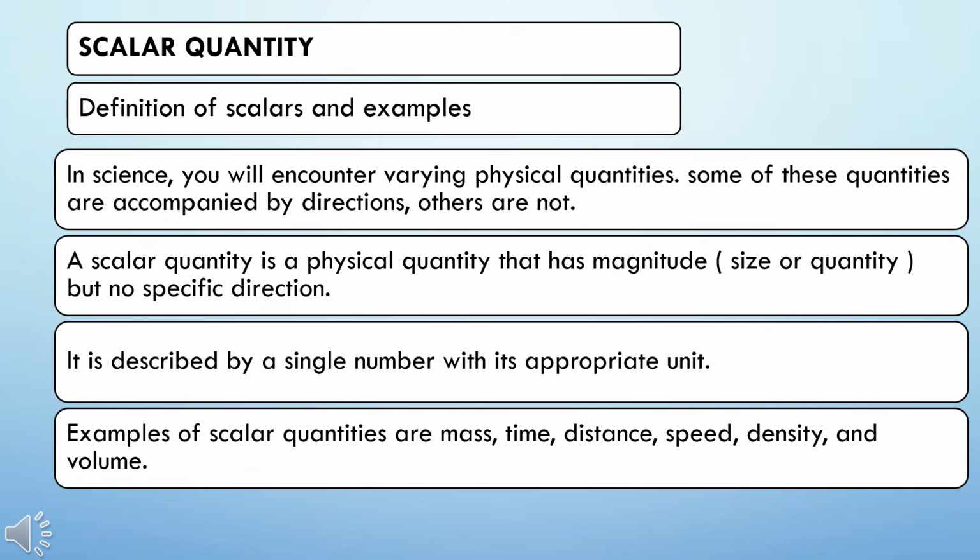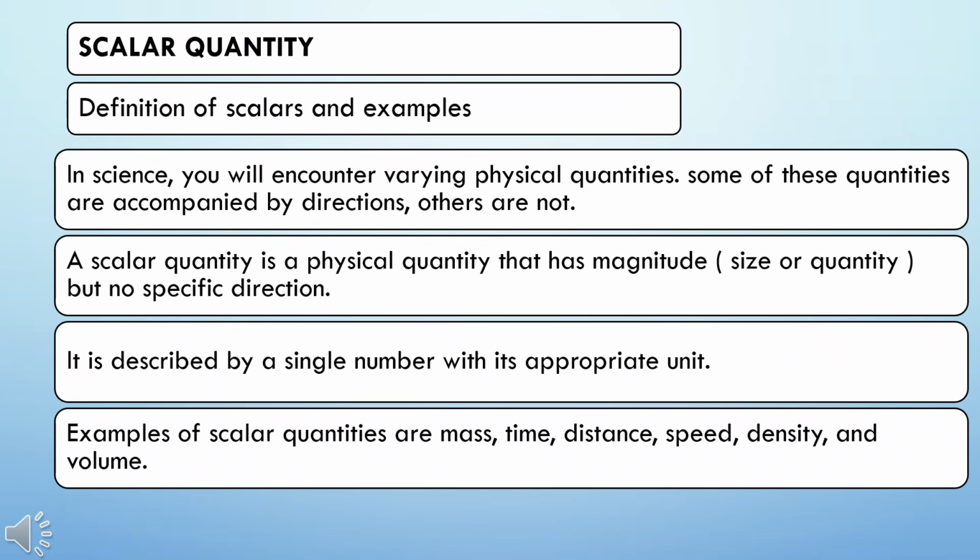The unit doesn't give the quantity any kind of direction. It only defines the quantity. So if I say 7 meters, I know I am talking about distance or displacement. If I say 5 kilograms, I know I'm talking about mass of a body.